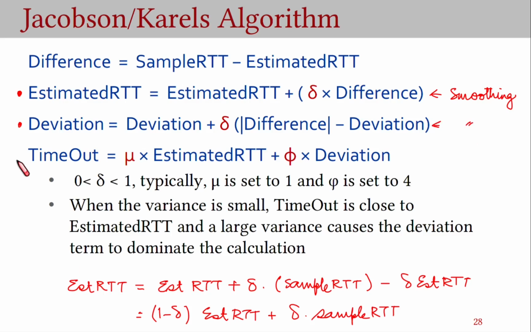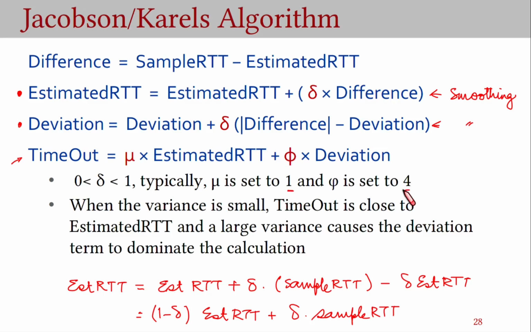And finally we compute the timeout as some parameter mu times the estimated round trip time plus another parameter phi times the deviation. For these parameters, delta is between 0 and 1, and typically mu is set to 1 and phi is set to 4.